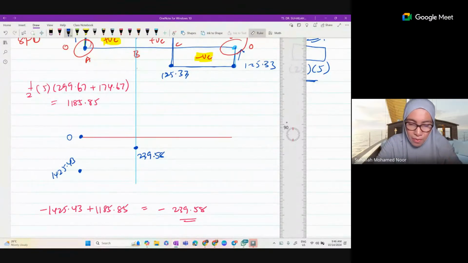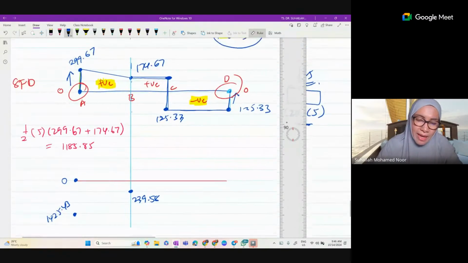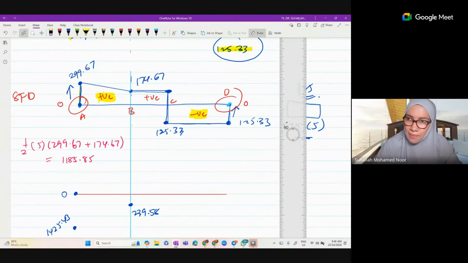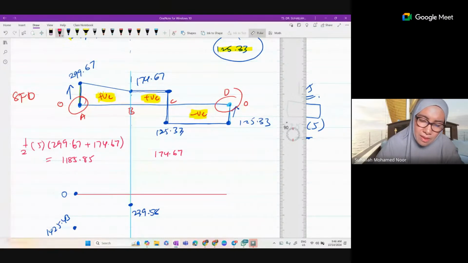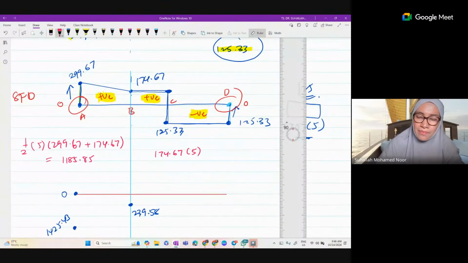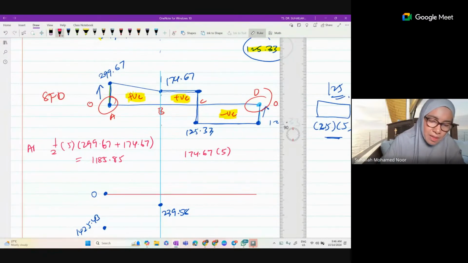Okay, next area is BC. BC is a rectangle, so it is just 174.67 and 5. The previous one was AB. This one is now BC.